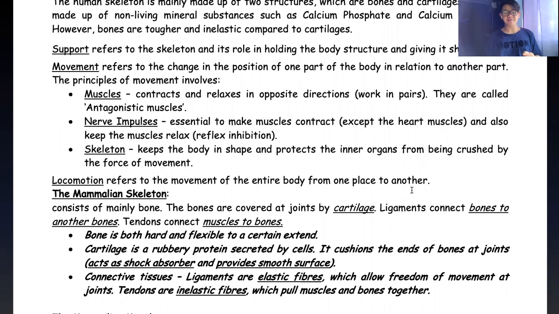So if you sit and then you just simply move your arms around, this is what you call movement. But if you sit and then you walk to the other side, and you are getting from one place to another, that is what we call locomotion. So we have established that before.